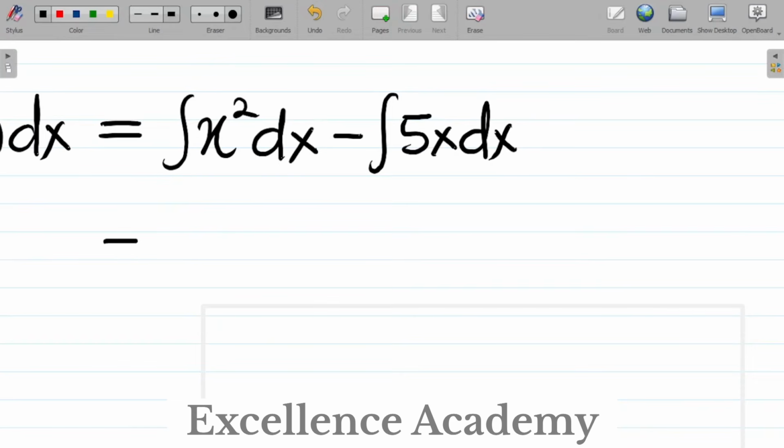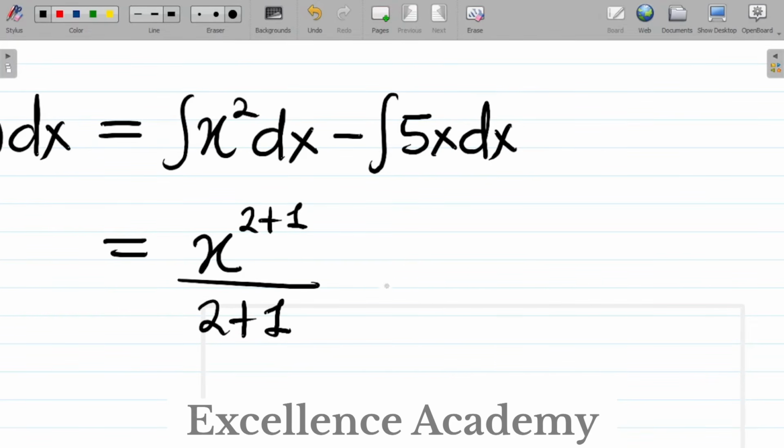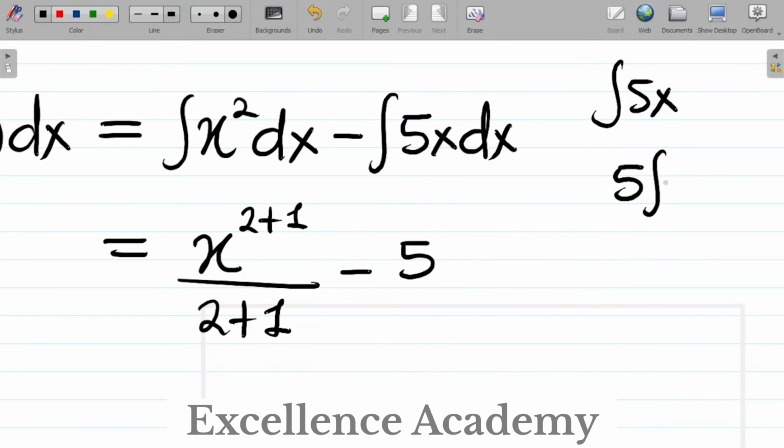What do you have here? The integral of x squared is simply x cubed. We said to integrate, just add 1 to the power, so 2 plus 1, divide by what you have there, that's 2 plus 1. So I have this minus, if I integrate 5x, the first thing you want to do is take 5 outside the integral sign, so 5 times the integral of x.